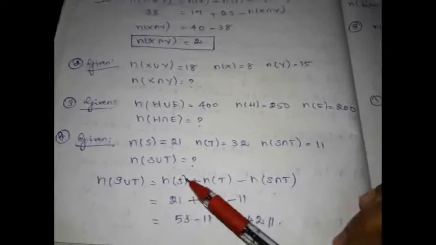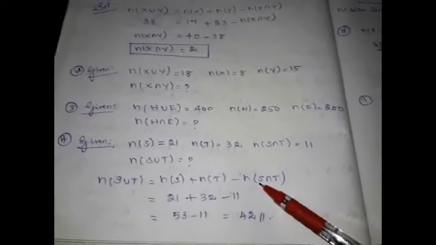Then we have solved a few basic questions using this identity. n of A union B is n of A plus n of B minus n of A intersection B. They will give you statement questions. You have to find out which is union, which is the individual sets, and which is intersection.